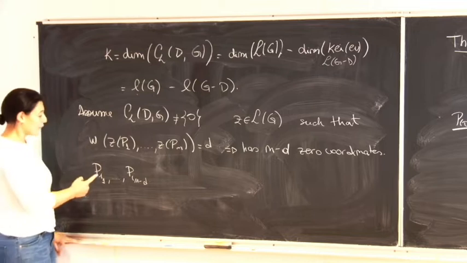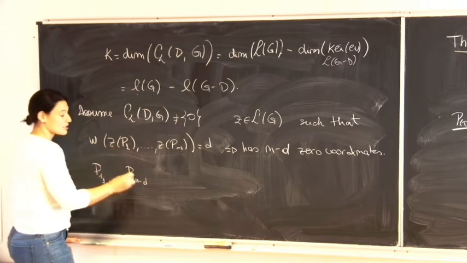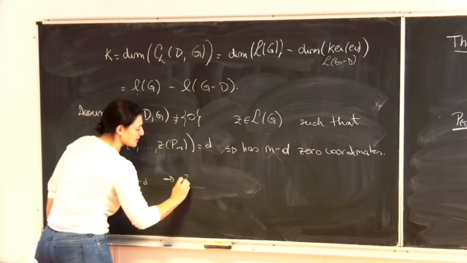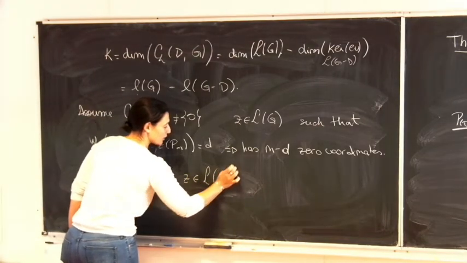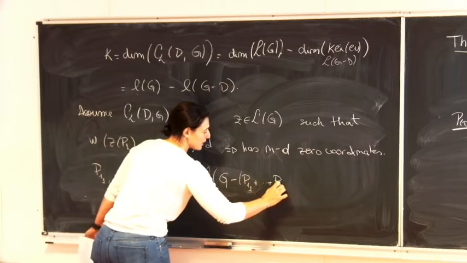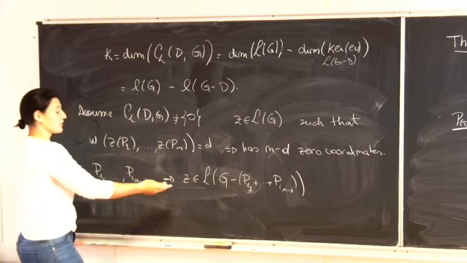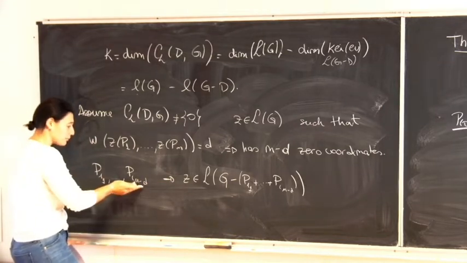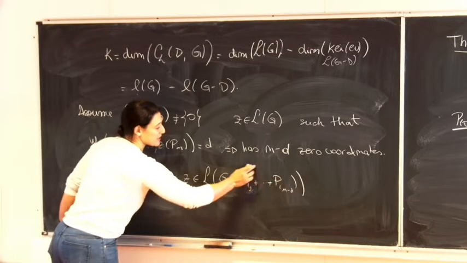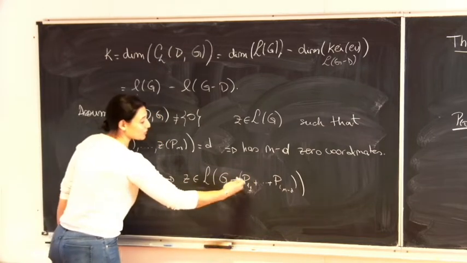So if these elements are zeros of Z, then we have, exactly as we did before, that Z belongs to L of G minus P1 minus ... minus P n minus D. Because of course, if P1 to P n minus D are zeros of the word, and these places do not belong to the support of G, then I can remove them from the space.